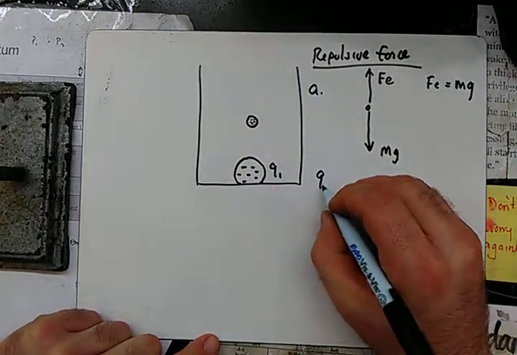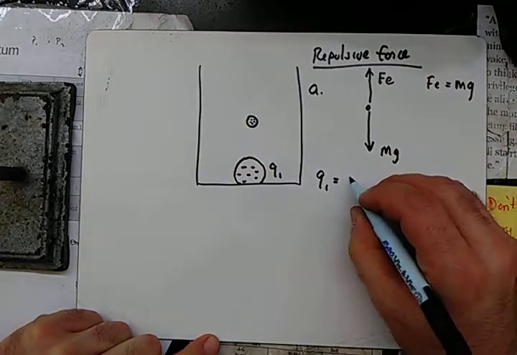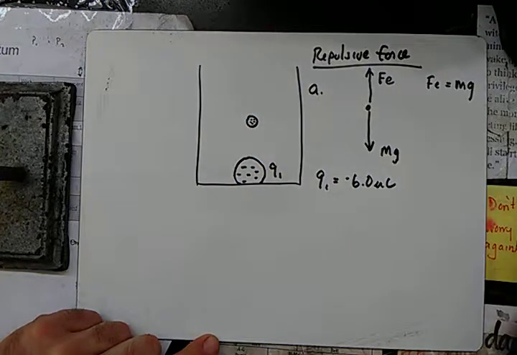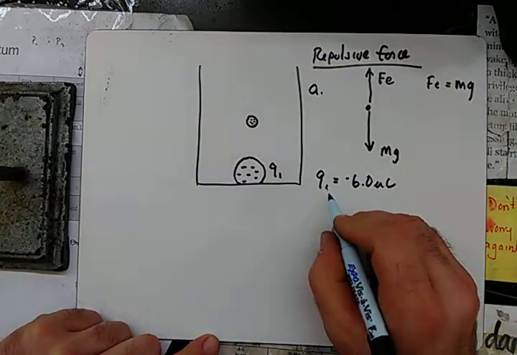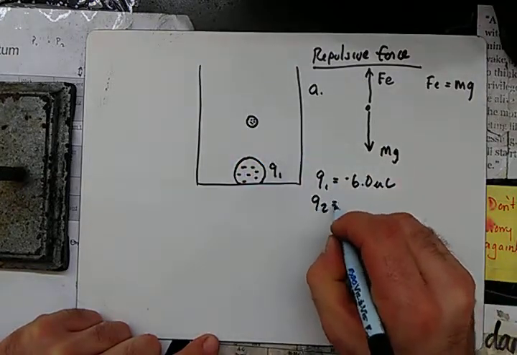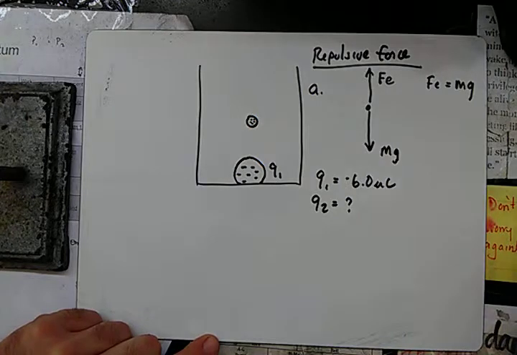That sphere, let's say, has a charge of -6 microcoulombs. Let's say we don't know the charge of this, that's the question mark.